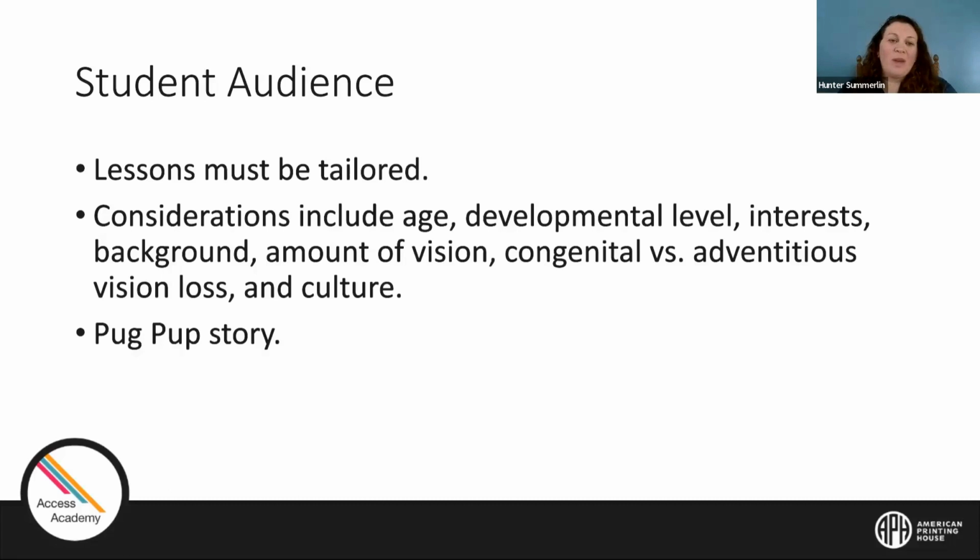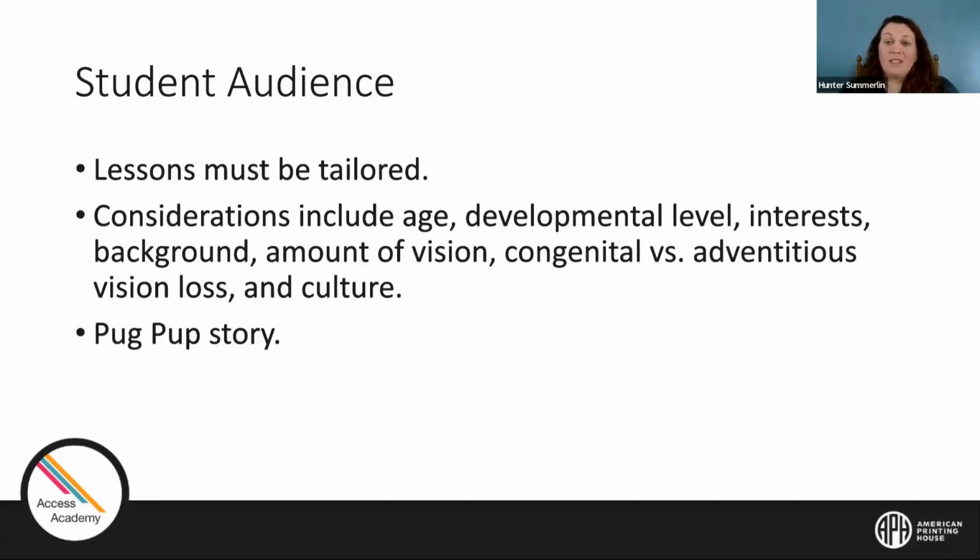And we can have considerations that are an active part of our decision-making in providing instruction for a student. We can think about that student's age. Braille literacy for a 5-year-old and a 15-year-old will probably look a lot different.